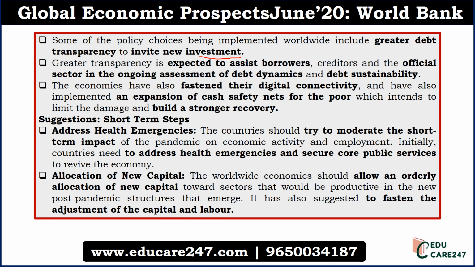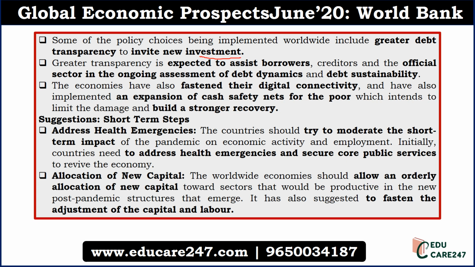World Bank has suggested some short-term steps also. They have suggested countries should spend their money on the health emergency, and they should address the health emergency as a core problem, and countries should also focus on core public service areas to revive the economy.